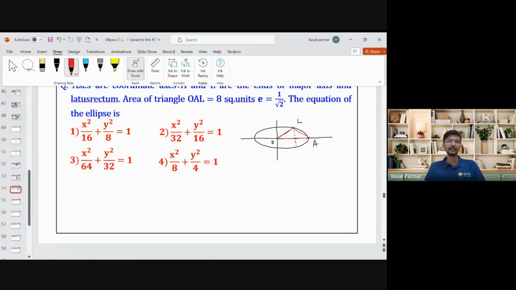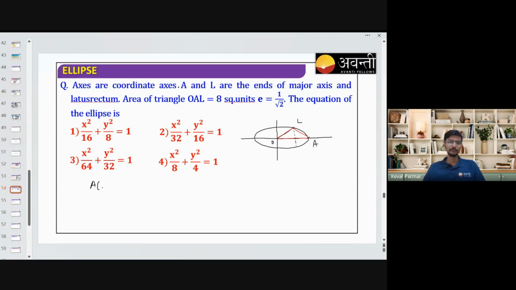We are given the area of the triangle. So area of triangle is half into base. Base is OA. What is the distance of OA? Its coordinates are a comma 0, so it is a into height. Height is this height, right?